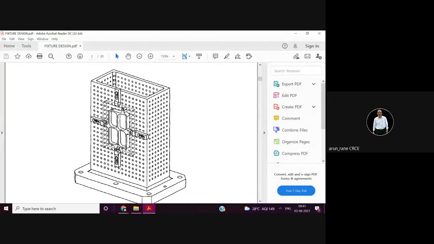Okay. And you need to provide location, बराबर, so that your component can be located. Okay. So on this surface itself, you have to make a provision for location. So you can put one block here and you can put another block here.